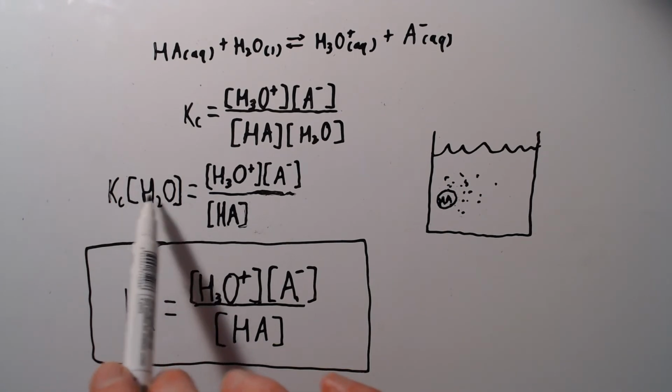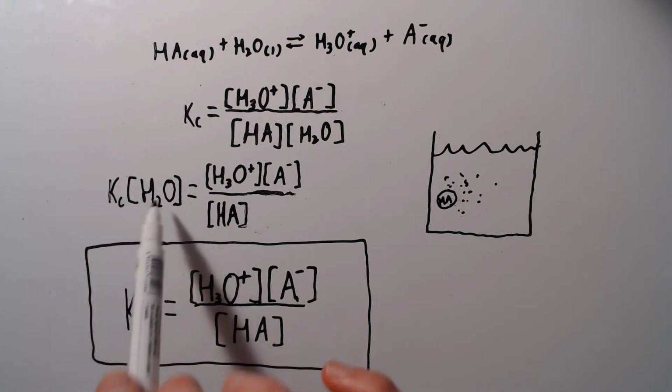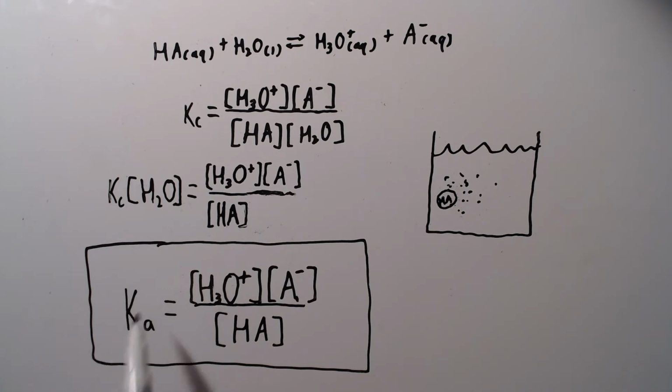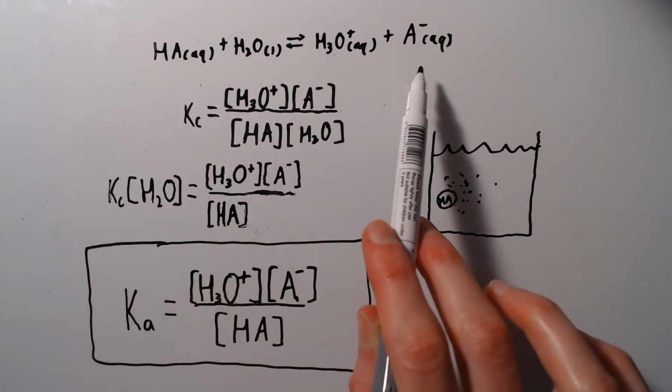So since the concentration of the water here remains constant, we can multiply these two to also get another constant value. Since both of them are constant, we get a separate constant called the Ka, the acid dissociation constant. And this acid dissociation constant shows the concentration of the H3O+ produced by the acid times the A- concentration produced by the acid, over the concentration of the acid that is left over after this reaction went through.